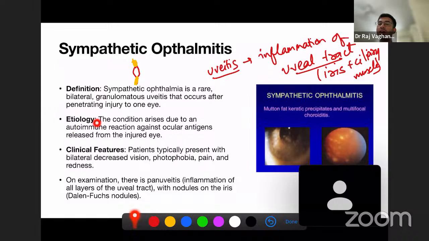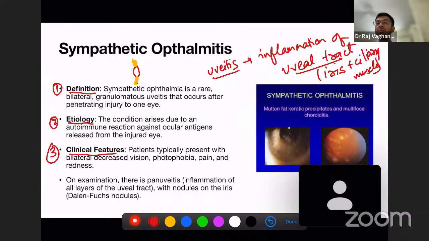I remember I also got a question on sympathetic ophthalmitis for 5 marks in my university exams. You have to write the definition first, then the etiology, then mention the clinical features. What are the clinical features? Patients typically present with bilateral decreased vision.